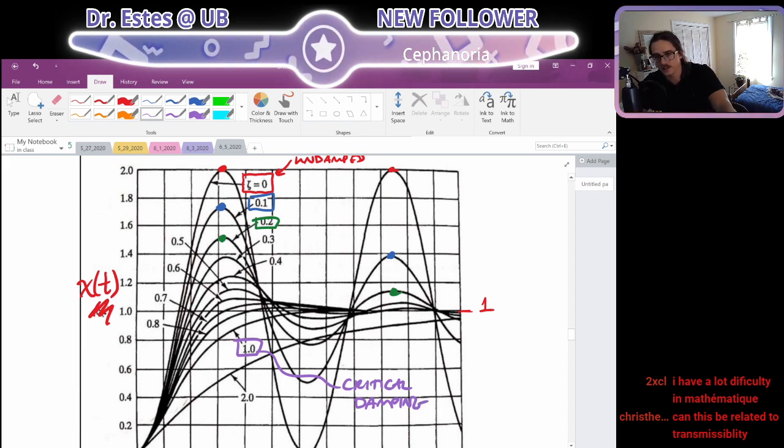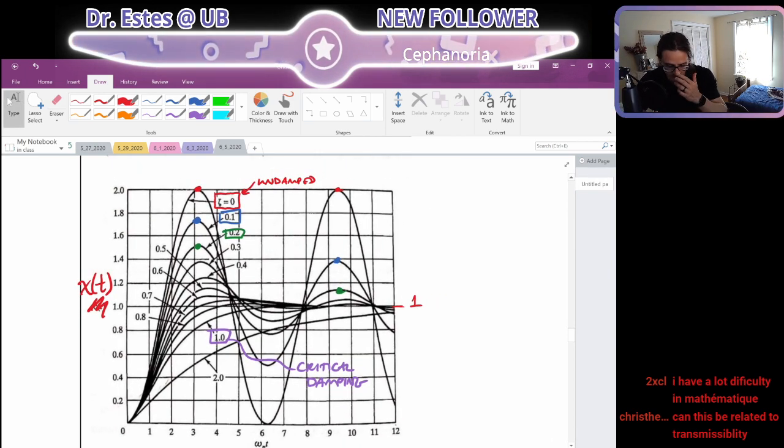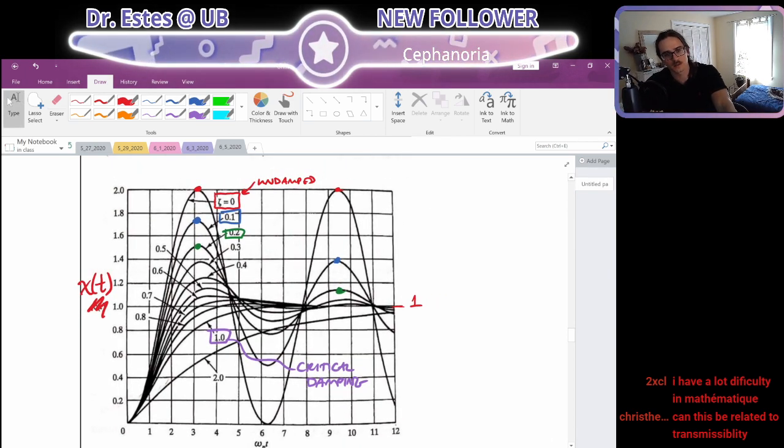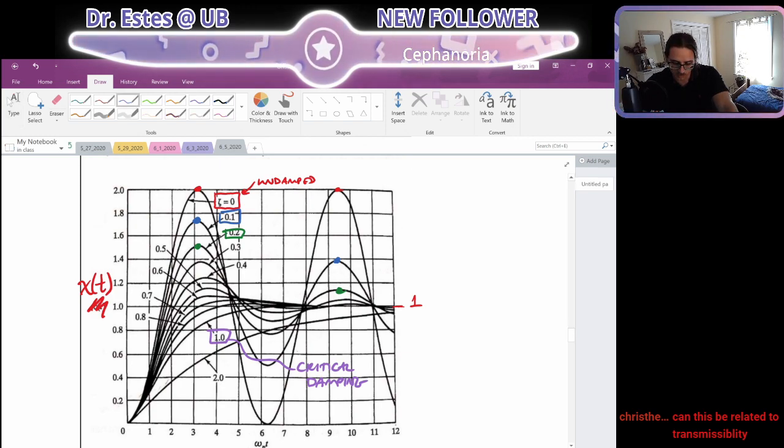And generally, this results in the fastest possible settling time. If you look at all these responses, they settle in different amounts of time. Settling is how quickly you approach the final value of 1.